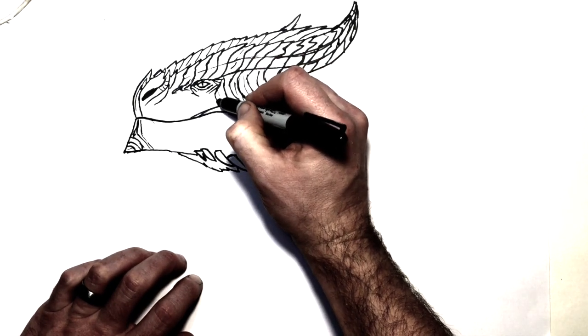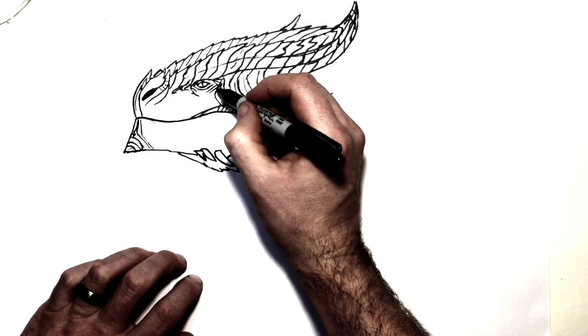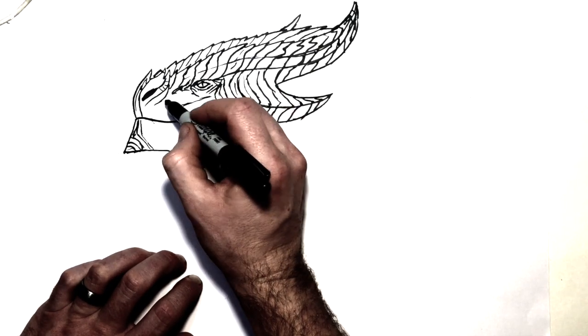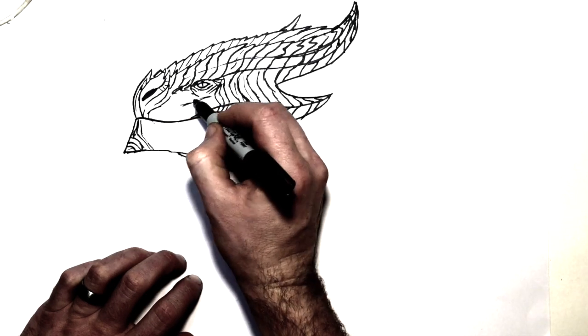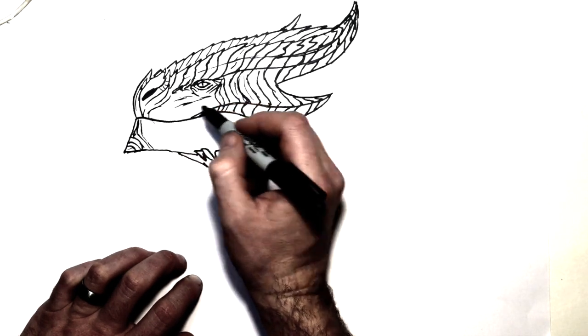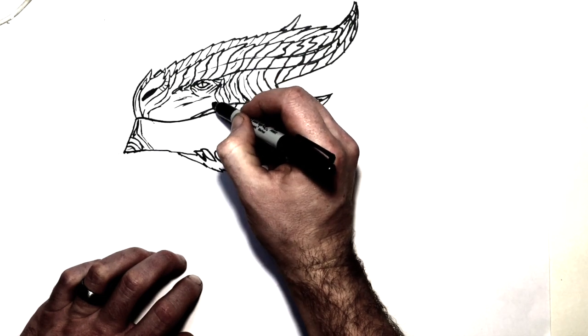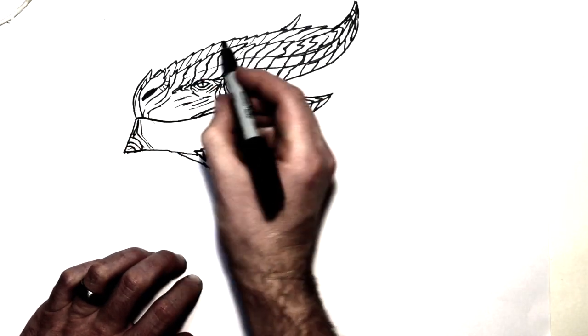So they sort of curve around here, come back this way. And we have some lines for texture that continue towards his nose. Just down. So following the direction of his face.